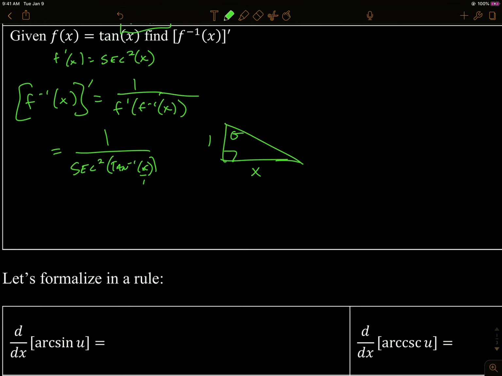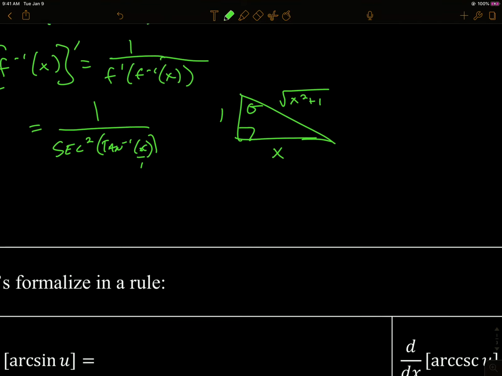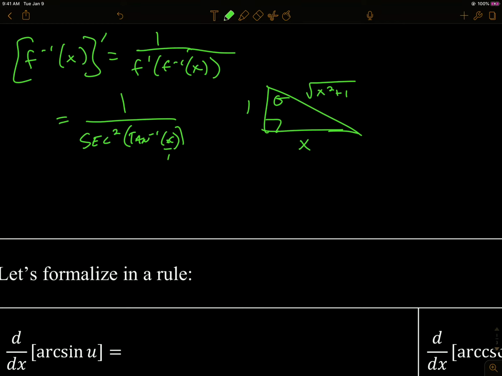Then if I do Pythagorean theorem, I get the square root of x squared plus 1 on that hypotenuse. So now I'm trying to find 1 over secant squared theta. What's the secant value of that theta? Well, secant's the reciprocal of cosine, which is adjacent over hypotenuse, so secant is hypotenuse over adjacent, and then we're squaring that.